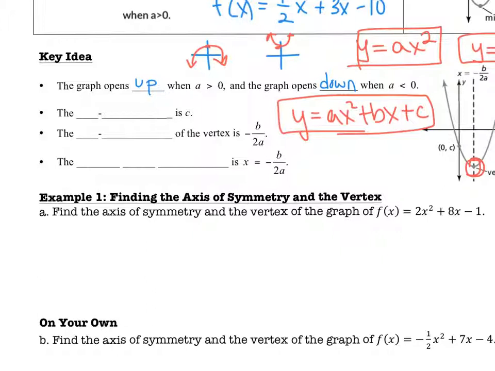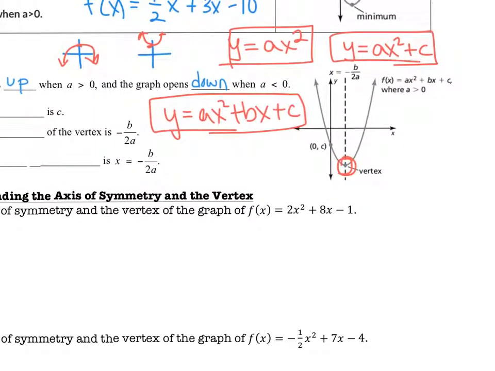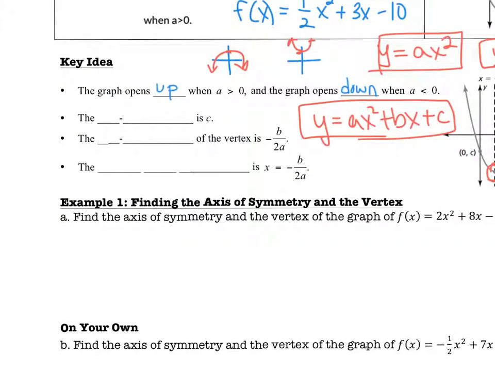So when we look at these formulas, and we've talked about this already, c is going to tell us what about the graph? And c is going to tell us the y-intercept. It's where it crosses the y-axis. So let's write that in. Y-intercept.